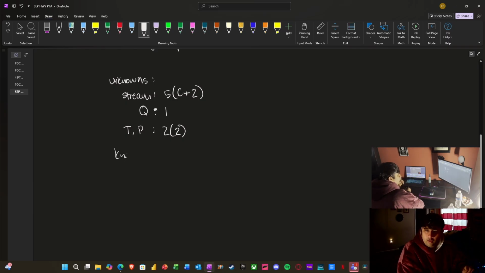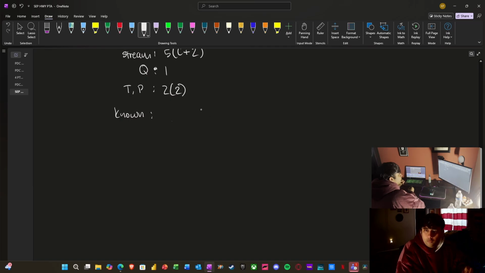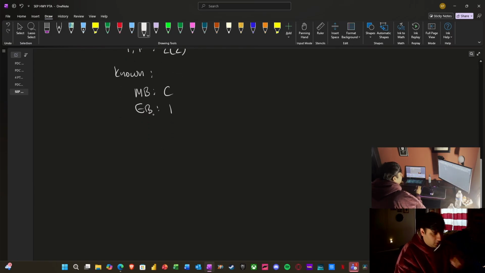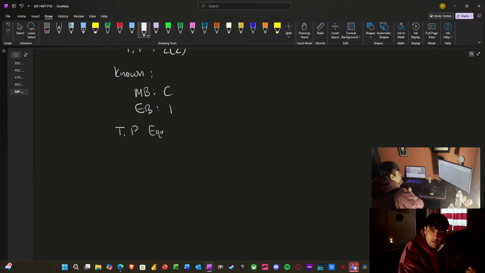And then for our known, we're going to look at our material balance, which is just C, our energy balance, which is just 1, and then our dP equality expression, and then this is essentially just 2 times 2.